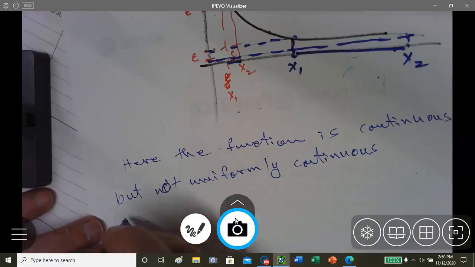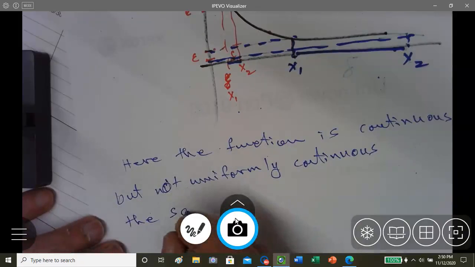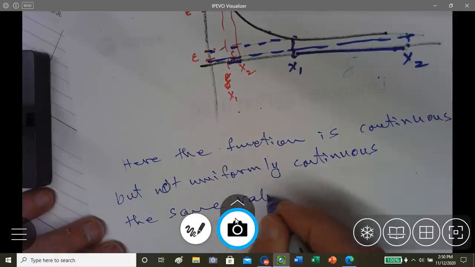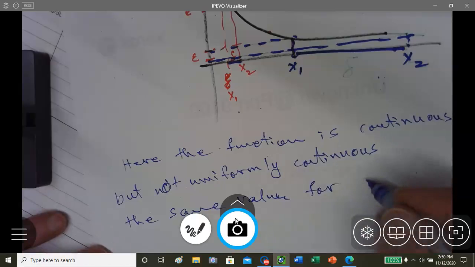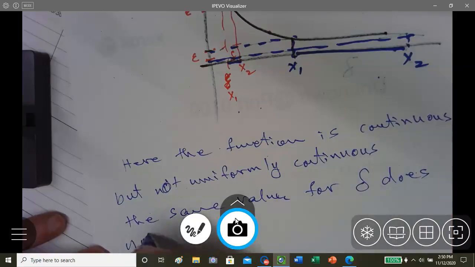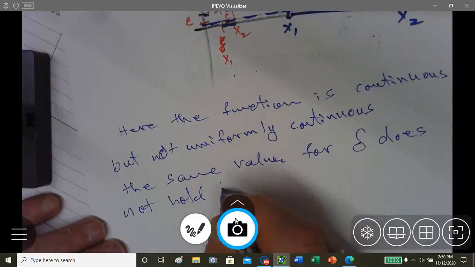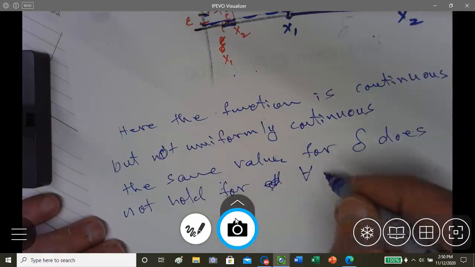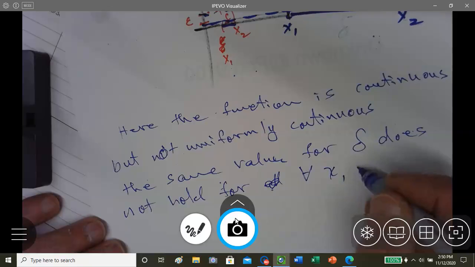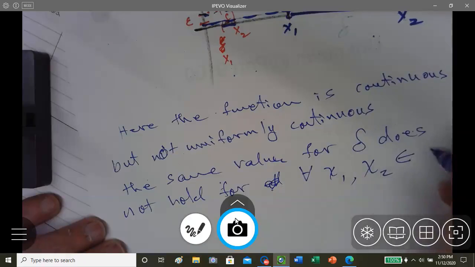The same value for delta does not hold for all x1 and x2 that are in set S.